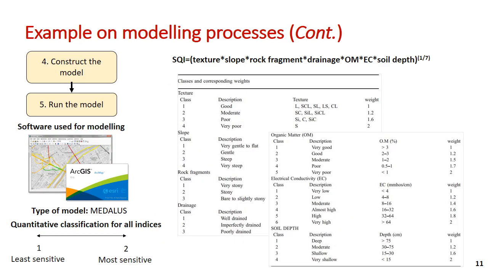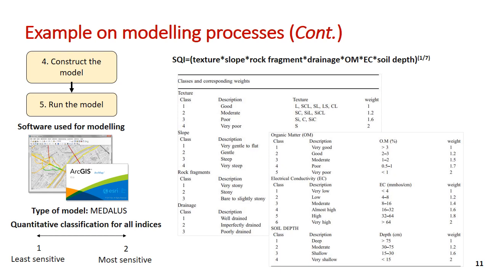The fourth step is to construct the model and then to run it. To construct the model, you have to choose a software, because this is a kind of numerical modeling, so you have to do it in a computer. So they chose ArcGIS, and then they used the Medalus model. This is the type of the model, Medalus, M-E-D-A-L-U-S.